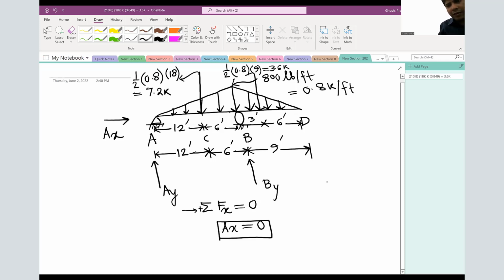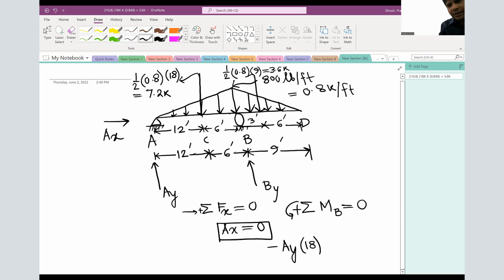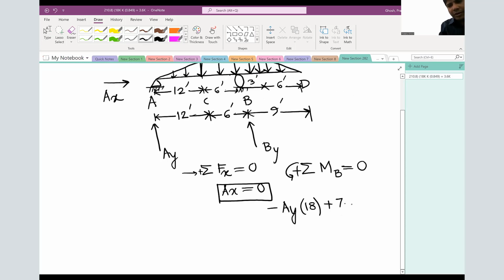Then summation of moment, we are taking one of the supports. Let's say we are taking the moment about B. It's going to be 0. So what are the forces? AY times 18, then 7.2 times 6 counterclockwise.